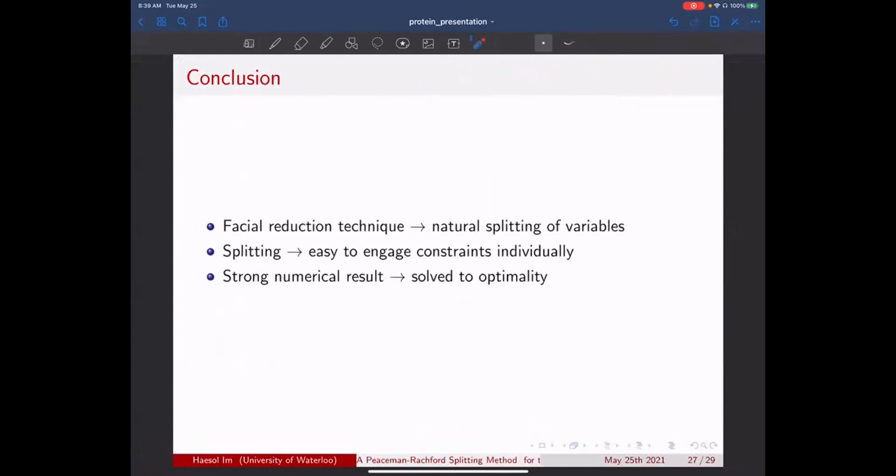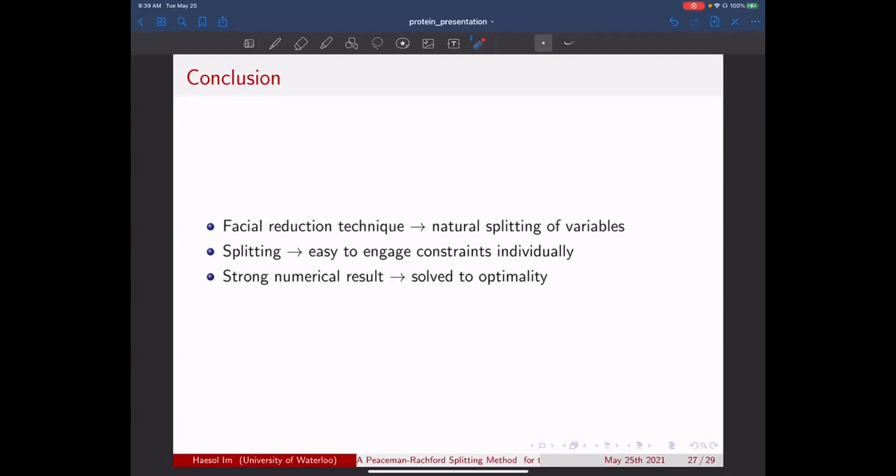So this is the conclusion. We applied a technique called facial reduction. What we got is a natural splitting of variables, because after facial reduction, we got an equation Y equal to V times R times V transpose. This splitting of variables enabled us to engage constraints individually. Without splitting, we had to consider the intersection of the semidefinite cone and the polyhedral constraint.